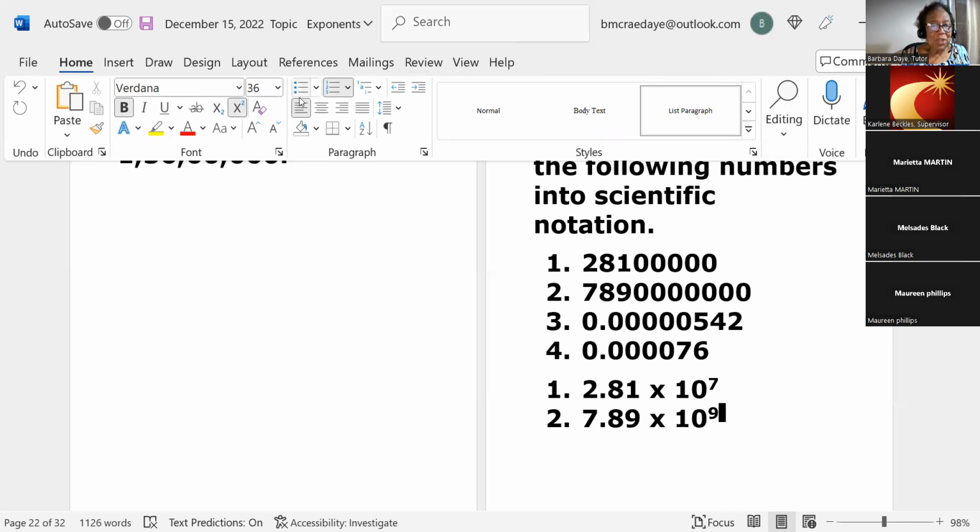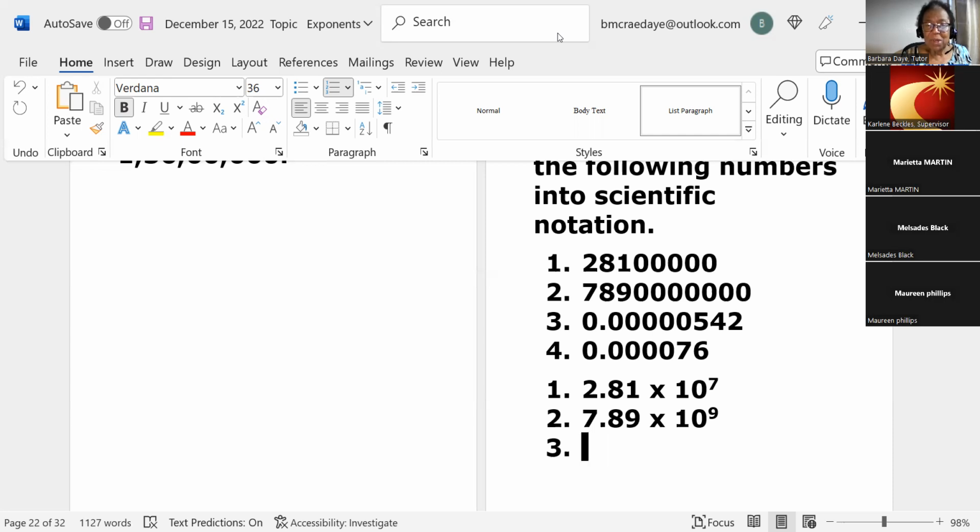Now, Mercedes, number 3. I'm not sure I can do number 3. What did you get for number 3, Mercedes? I did number 3, yet I got the other 2 right. Okay. Tell me number 3. Number 3 is 5. No, Marietta, I want to hear from Mercedes. I'm not sure I can do number 3, miss.